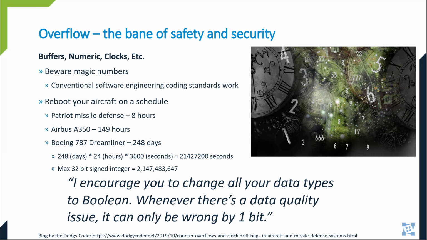So I'm not actually encouraging you to change all data types to Boolean, but I am encouraging you to think twice when you're coding about, when you have a number and saying, what's the biggest value this number could ever get? And do I need to worry about it? And should I use a bigger number, right? So that I know, can I use an unsigned int where I can go much, much longer period of time? Things like that. Magic numbers can really get you.